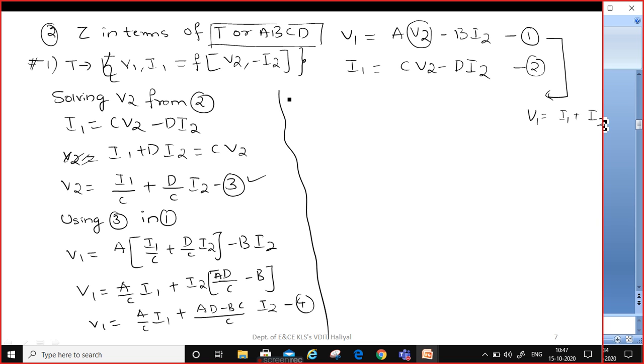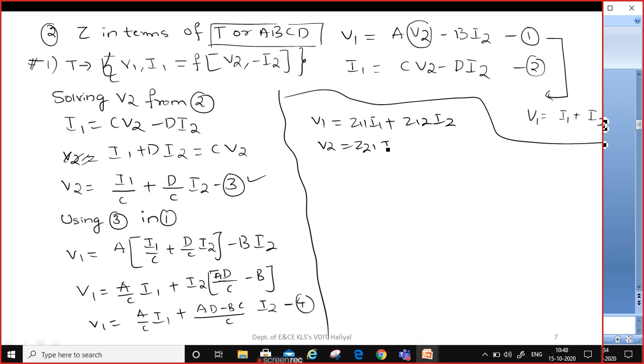If you note down the Z parameters in terms of V1 and V2, we have V1 equals Z11 I1 plus Z12 I2, and V2 equals Z21 I1 plus Z22 I2. Call these equations 5 and 6. If you compare, equating equation 5 with 4, you can describe Z11 and Z12.